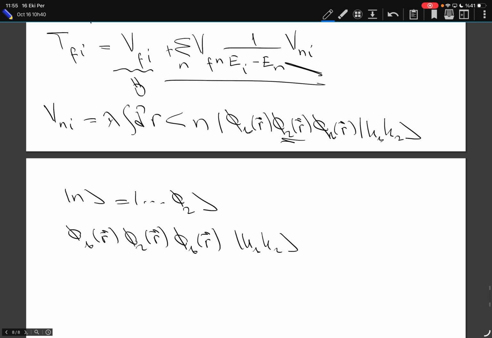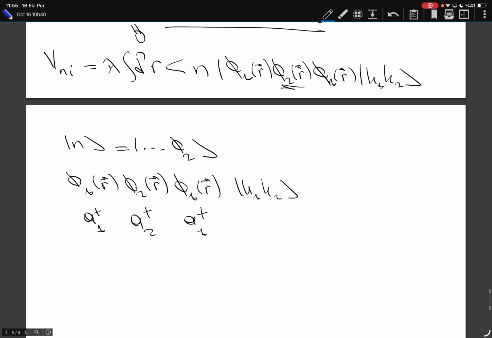What do I have? I have a1 dagger, a2 dagger, a1 dagger. Well, that will create a state that contains an a2 field and four phi 1 fields.